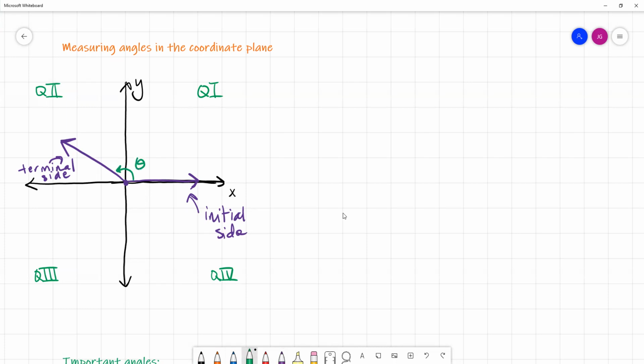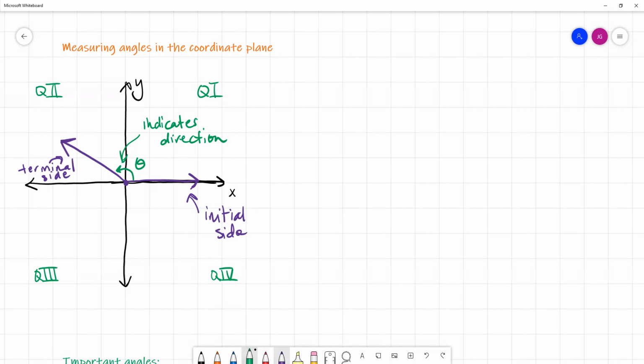Let's just call it theta for now. Okay, and so we use this right here to indicate the direction of the angle. Every time we measure an angle, we're going to need the vertex, the two sides, and then the little arrow here that indicates our direction. Because I could have gone this way, or a different angle would be if I went this way. Those are completely two different angles. So it's always good to indicate your direction.